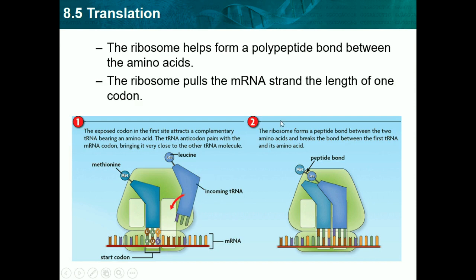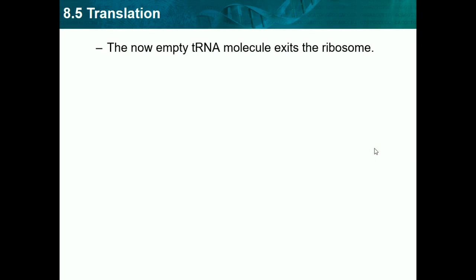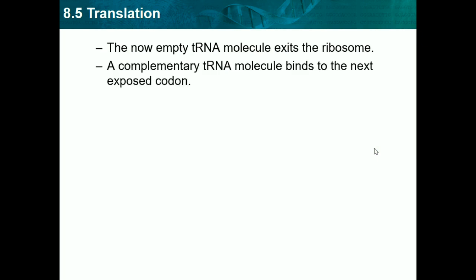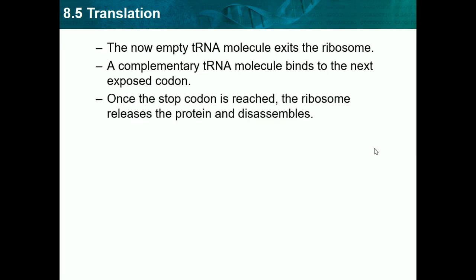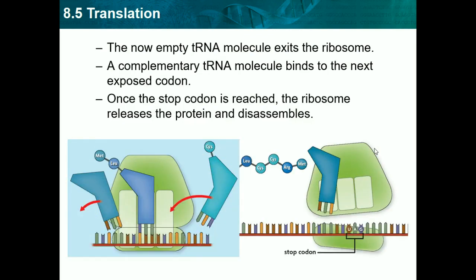The ribosome forms a peptide bond between the two amino acids and breaks the bond between the first tRNA and its amino acid. The now empty tRNA molecule exits the ribosome. A complementary tRNA molecule binds to the next exposed codon. Once the stop codon is reached, the ribosome releases the protein and disassembles.